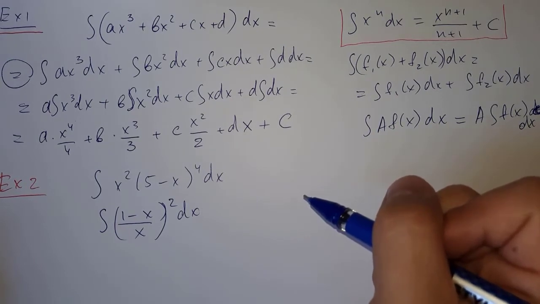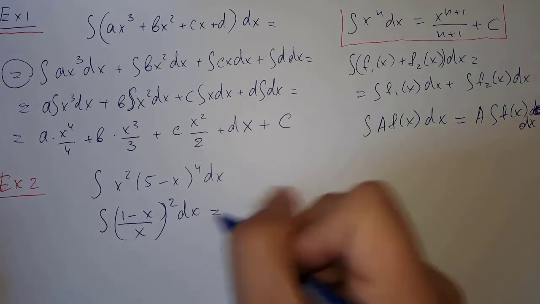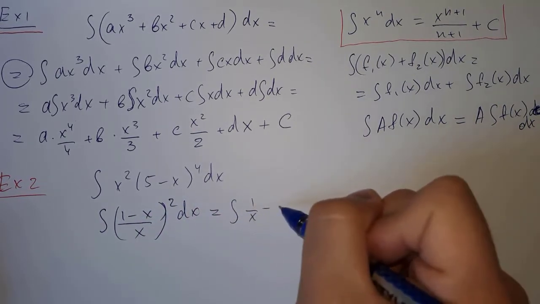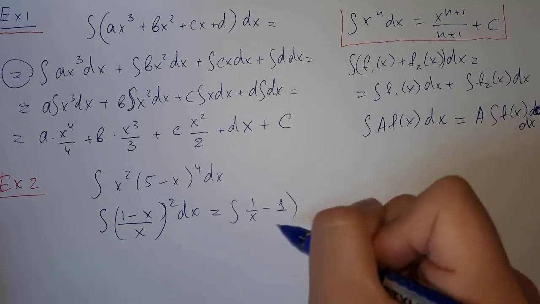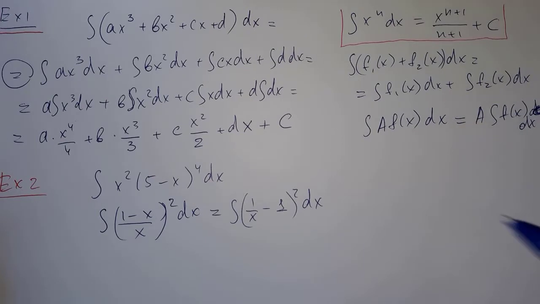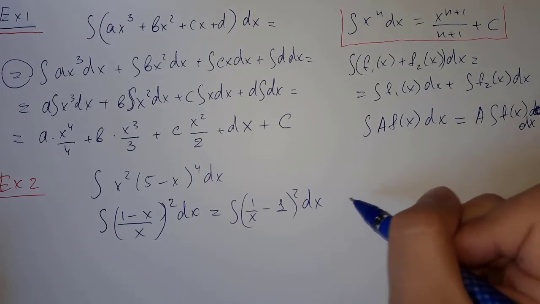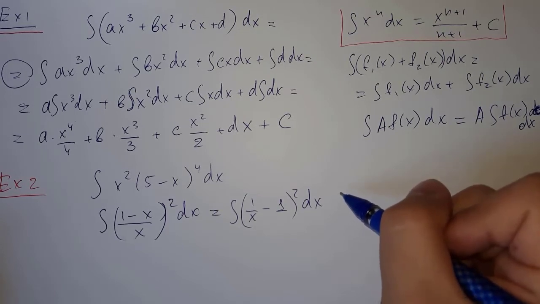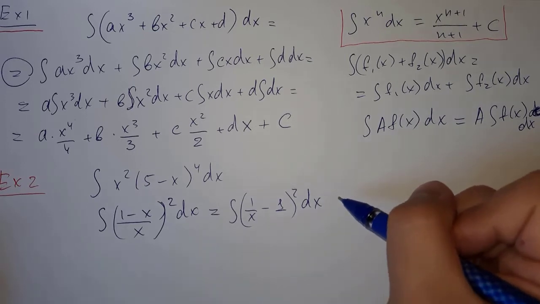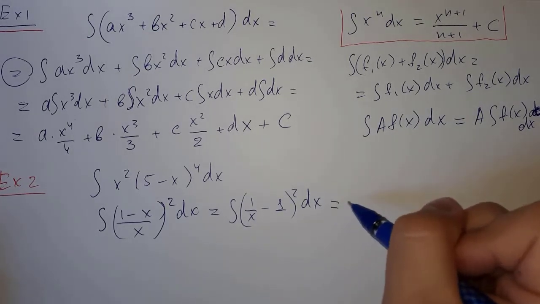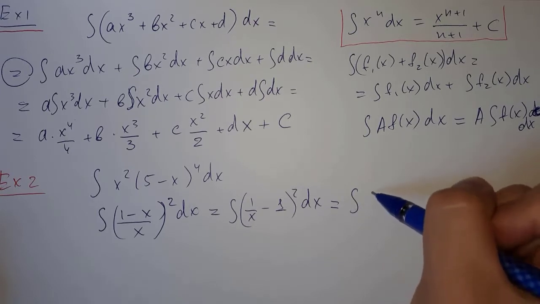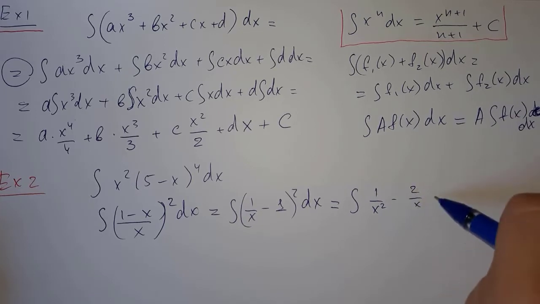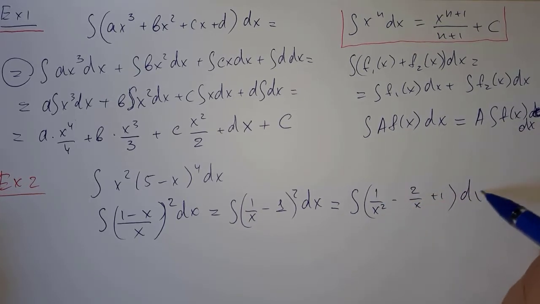So here firstly we need to rewrite this function as the integral of (1 over x minus 1) squared dx, and now we can open these brackets by the formula (a minus b) squared, and here we'll get the integral. So it will be 1 over x squared minus 2 over x plus 1 dx.